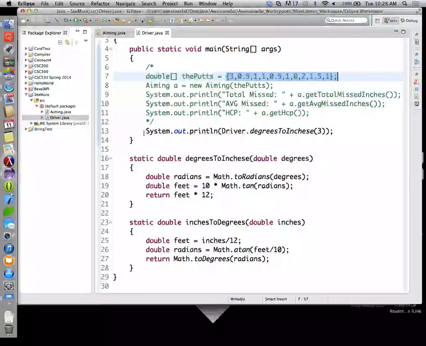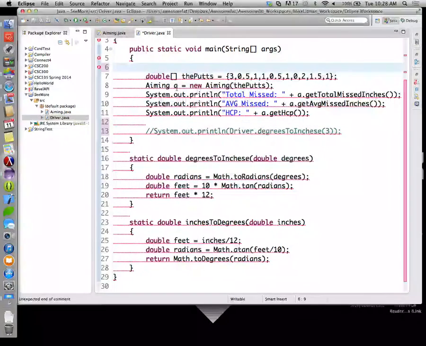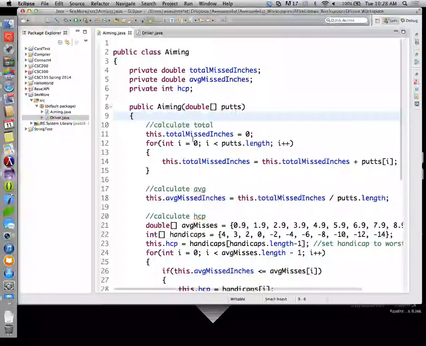Okay. So now that we have those couple of conversions, assuming we've already read stuff in, a bunch of inches, converted it all to radians, we create our new aiming object, passing in our putts. What does the aiming object do?